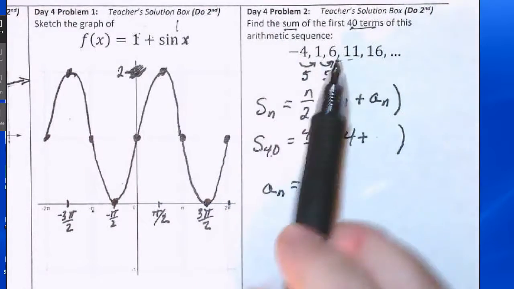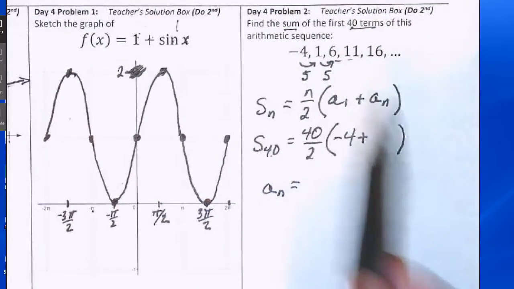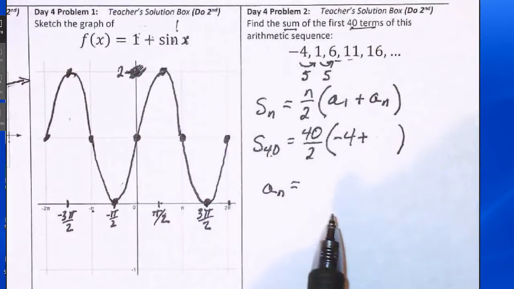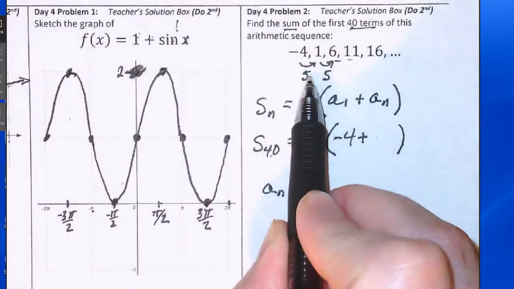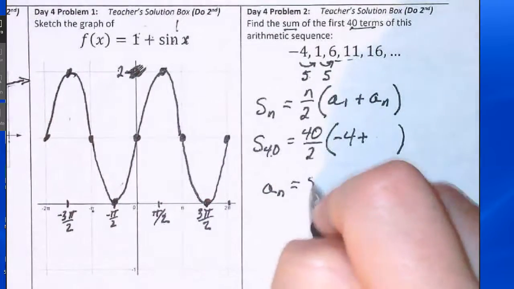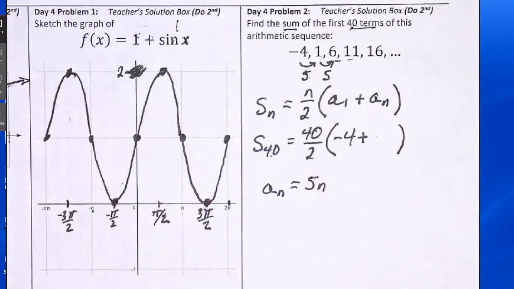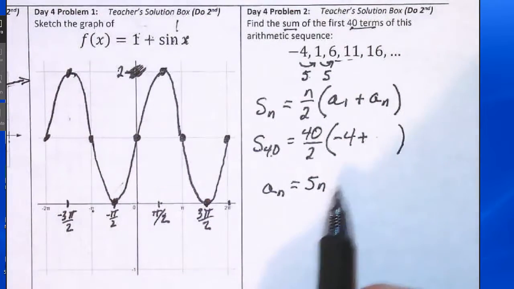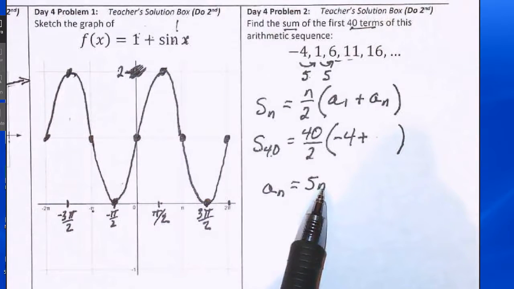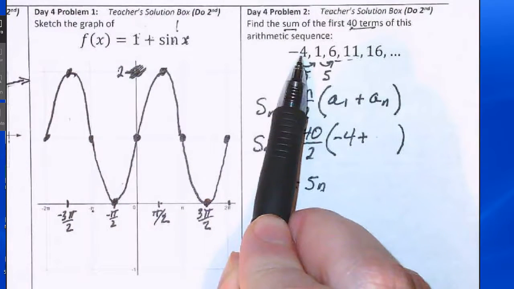Arithmetic sequences have a constant rate of change, so we can create a linear equation to represent them. The rate of change is 5, so 5n starts our formula. But we might need to put an adjustment on the end. So when n is 1, 5 times 1 makes 5, but the first term isn't actually 5, it's negative 4.